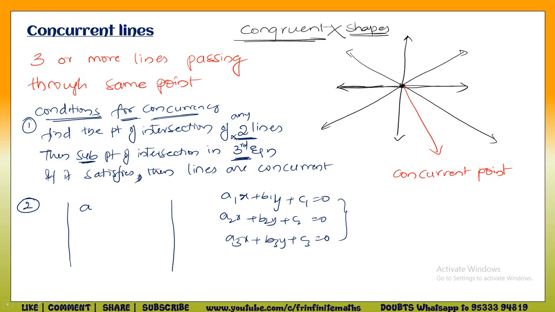To test whether these three lines are concurrent, consider their coefficients a1, b1, c1, a2, b2, c2, a3, b3, c3, as a determinant.